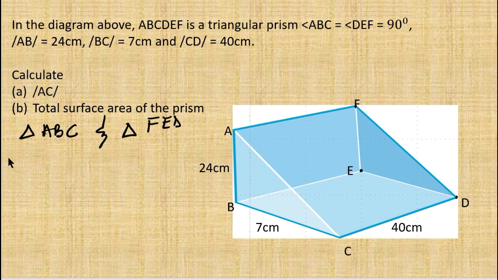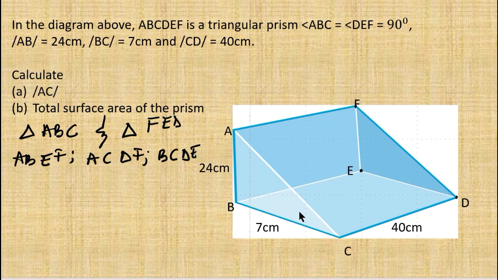The first rectangle is ABEF. The second is ACDF, and the last rectangle is BCDE.